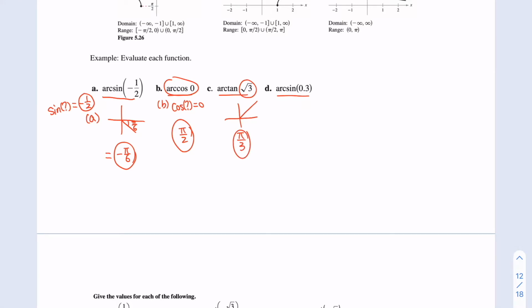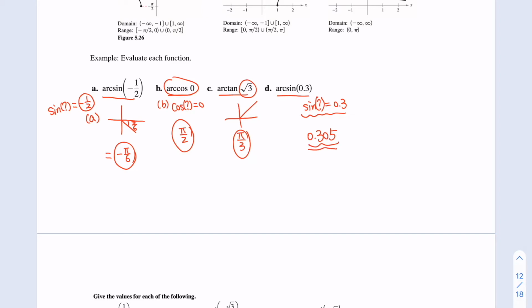And sine inverse of 0.3: sine of what gives you 0.3? We have to use our graphing calculator, so make sure your mode is in radians. Sine inverse gives us negative pi over 2 to pi over 2, so it's the 1st quadrant, and the answer will be 0.305 radians.